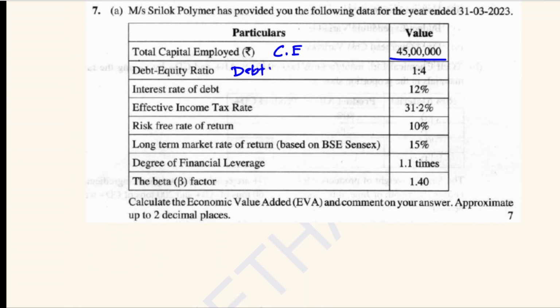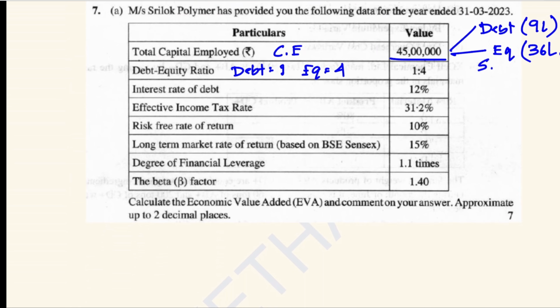It means debt is in the proportion of 1 and equity is in the proportion of 4, so the total is 5. In the capital employed of 45 lakh, 1 by 5 is debt and 4 by 5 is equity. So debt is 45 into 1 by 5, which is 9 lakh, and equity is the balance, which is 36 lakh.